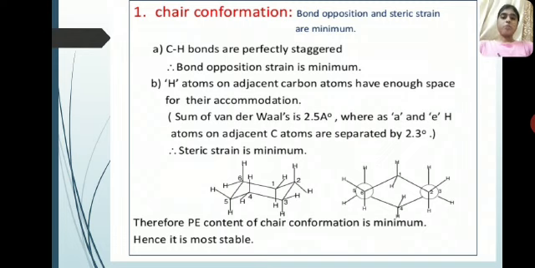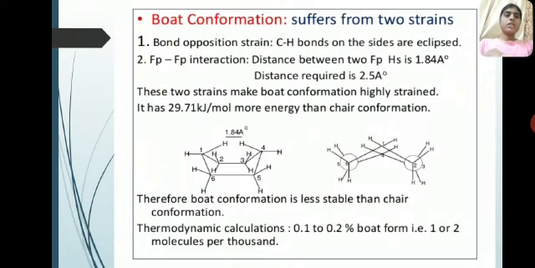The boat conformation suffers from two strains. In the boat conformation of cyclohexane, 6 hydrogens are equatorial, 4 hydrogens are axial, and 2 hydrogens are FP. FP means flagpole.